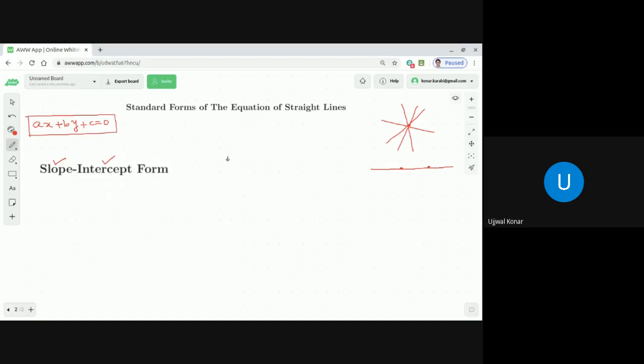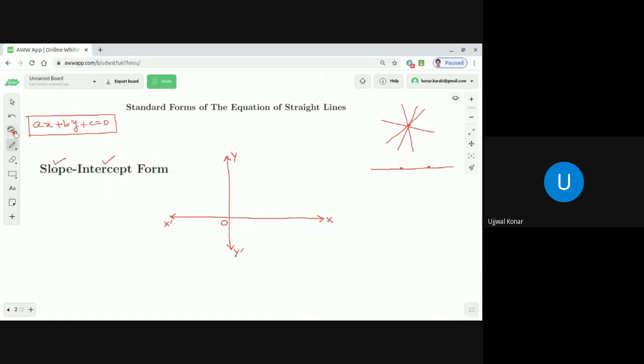First, let us construct a coordinate axis. So this is x', O, x, y, O, y'. These are the coordinate axes.